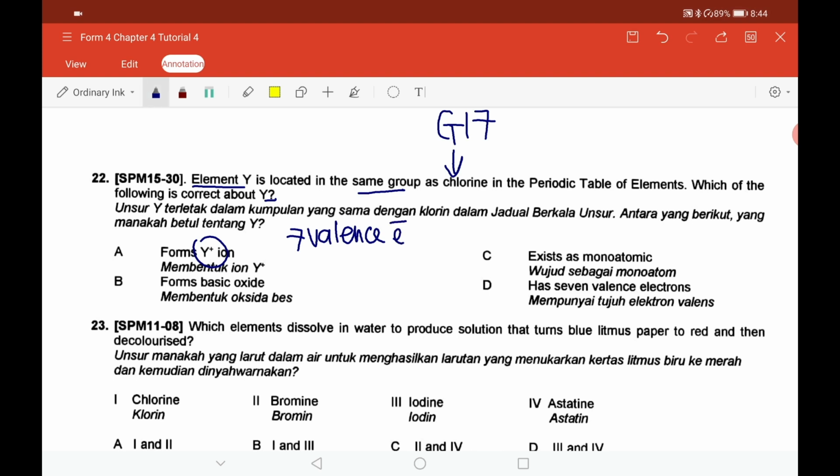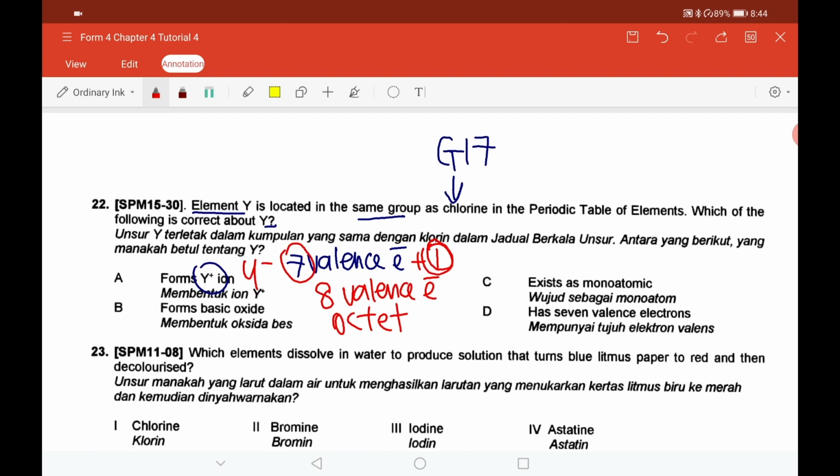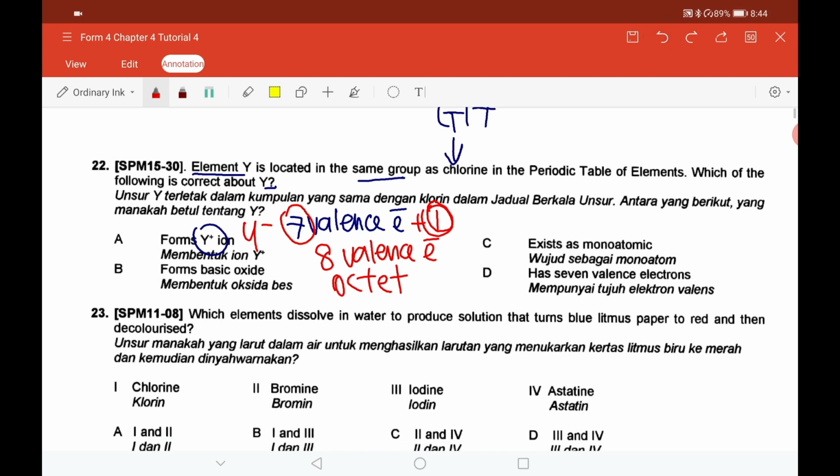In order to be stable, they will receive 1 valence electron to achieve octet, because 7 plus 1 gives 8 valence electrons, which is stable. When a neutral atom receives an electron, it should form a negative ion. So you should get Y negative, not Y plus. Answer A is wrong.